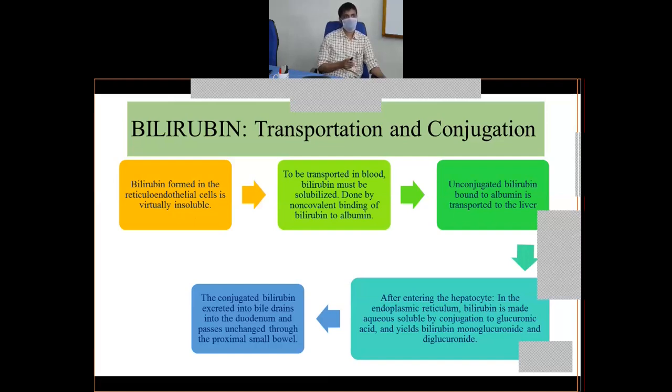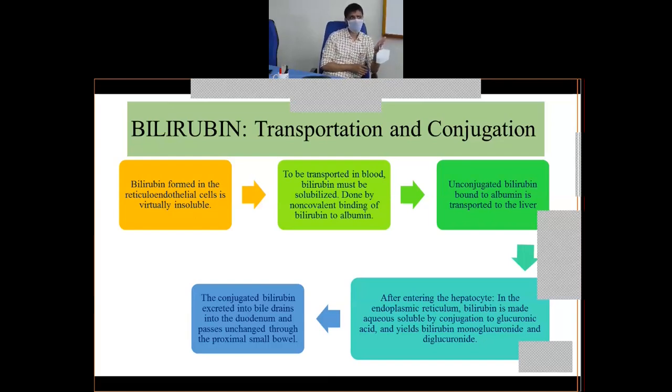The unconjugated bilirubin bound to albumin is transported to the liver, and after entering the hepatocyte, in the endoplasmic reticulum, the bilirubin is made water soluble by conjugation to glucuronic acid, forming bilirubin monoglucuronide and diglucuronide. Remember, these conjugated bilirubins are water soluble. This is important when we differentiate hyperbilirubinemia into conjugated and unconjugated hyperbilirubinemia.